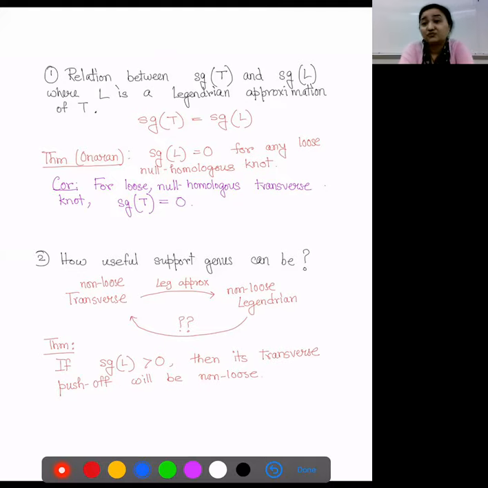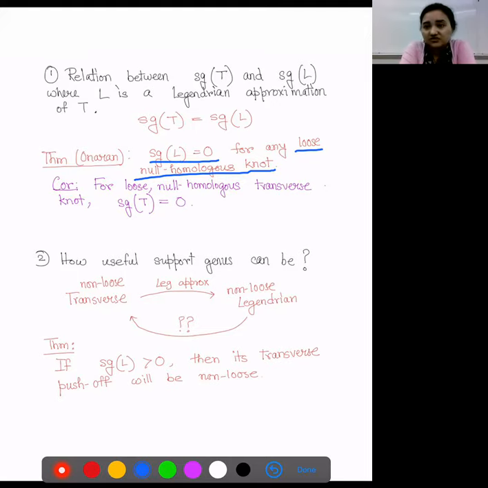Okay, next I would like to mention Onaran's result, where she proved that the support genus of a loose null-homologous Legendrian knot is 0. Her result actually does not use the coarse equivalence class, but she used the isotopy classification, which was known.